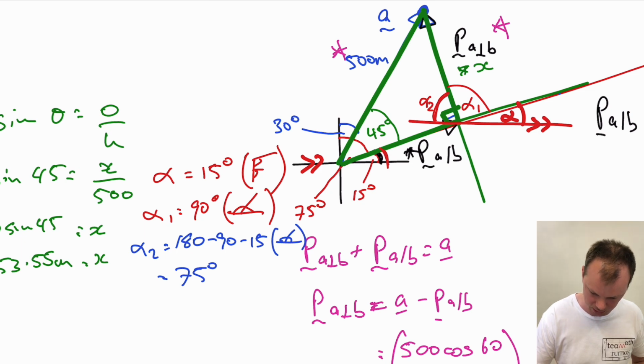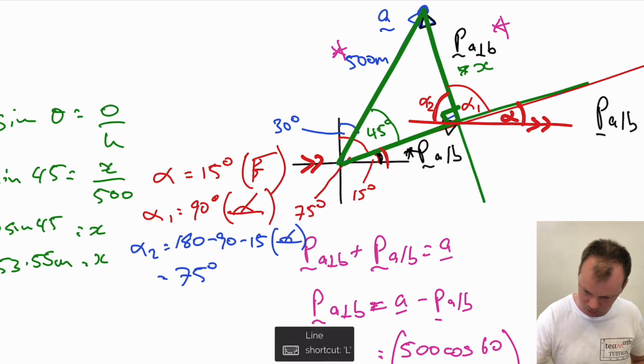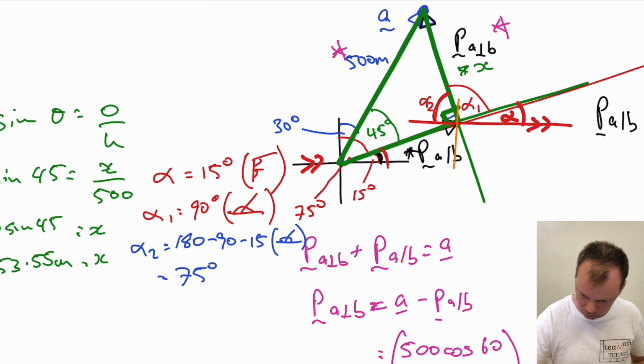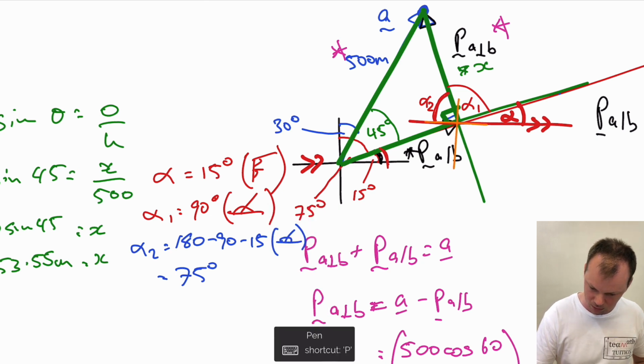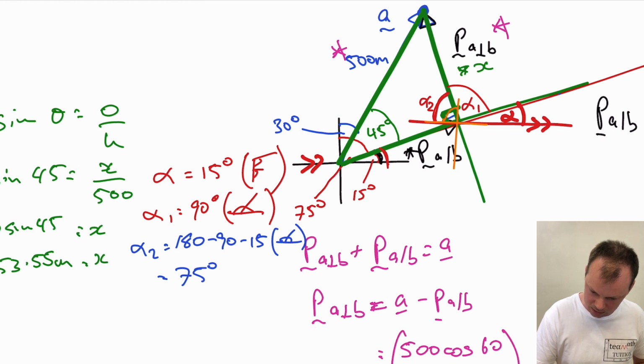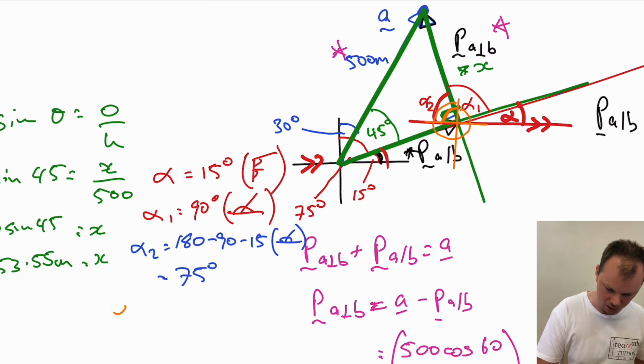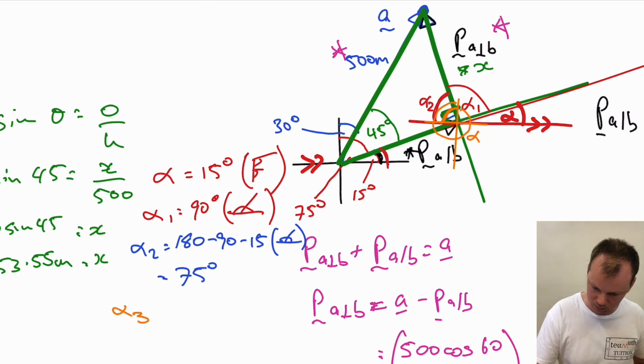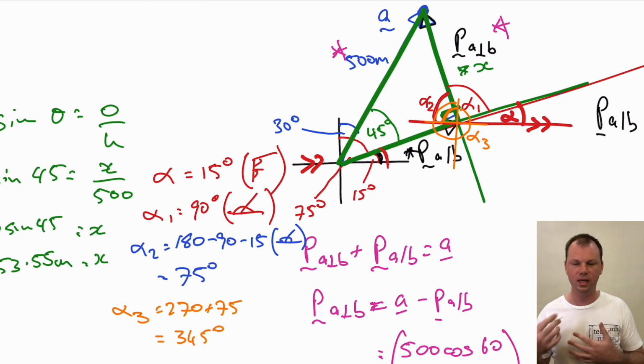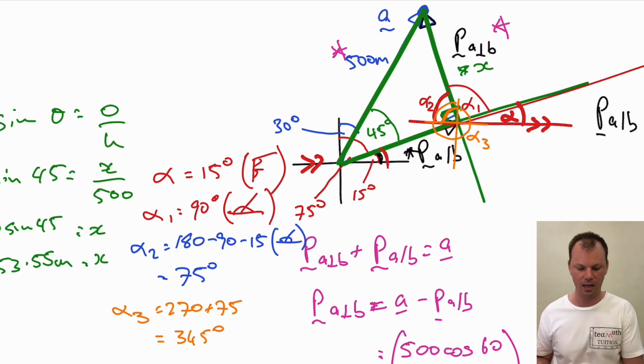The axes are starting to get a little bit messy, but let me draw them in. So these are our axes. This is 75 degrees. We want to know what that is. Let's call it alpha 3 equals 270 plus 75, which equals 345 degrees. And we get the same answer that we previously had.